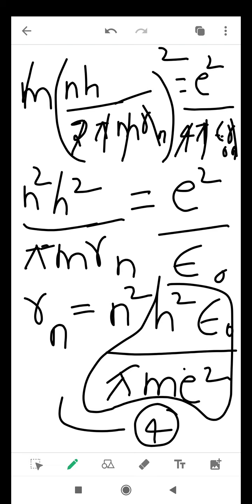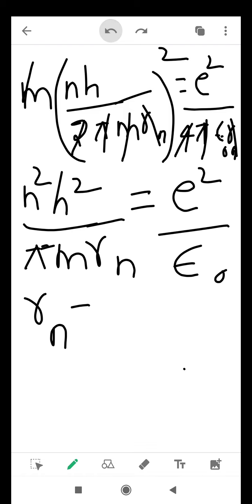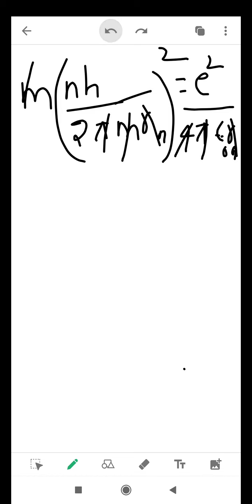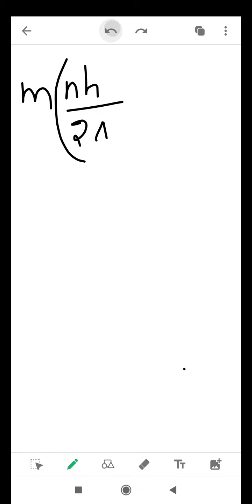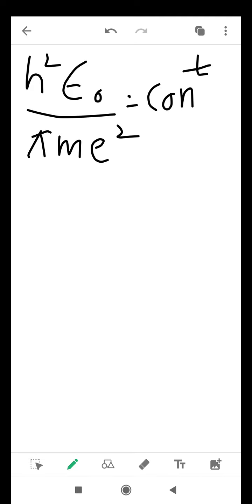That constant is denoted by a naught, which is h square epsilon naught divided by pi m e square.